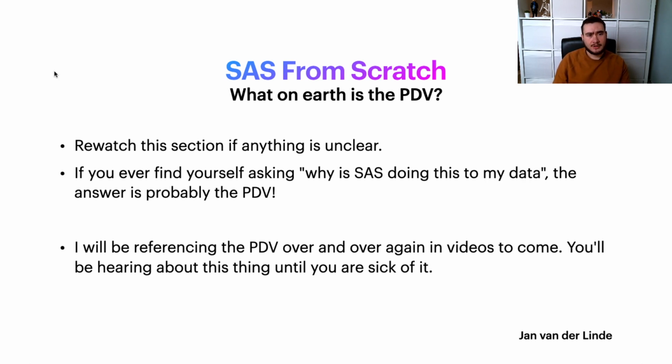If anything about the PDV is unclear, please rewatch this section because it is so fundamentally important. Again, as I've said, if you ever find yourself asking why is SAS doing this to my data, the answer is probably the PDV.